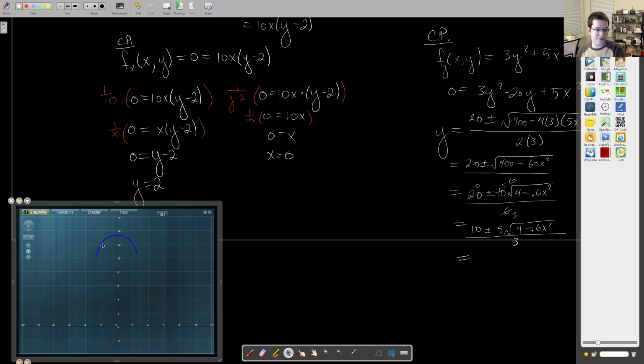So there's a range of values for y that will give us 0 in this function, and they satisfy that equation. Maybe better off. Can I hide this?